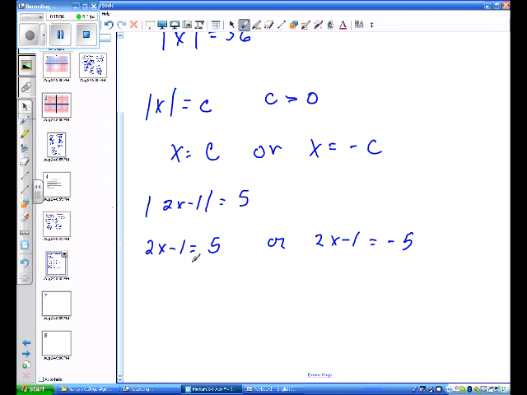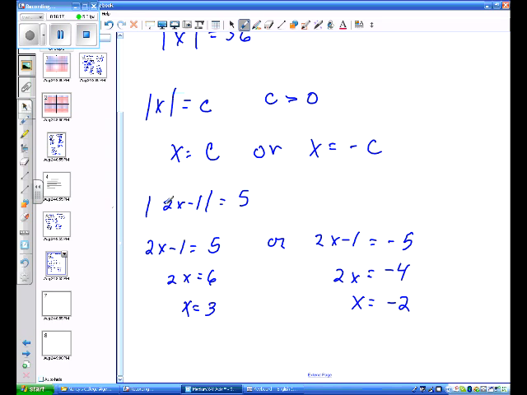Then we will solve. We'll add 1 to both sides and divide by 2. So x is 3, or we'll add 1 to both sides. Well, negative 5 plus 1 is negative 4. Divide both sides by 2, x equals negative 2. So we came up with two solutions.